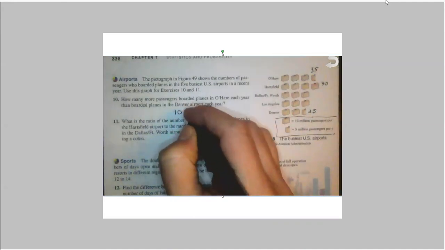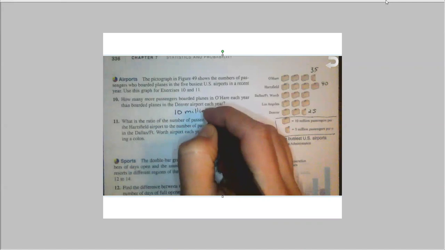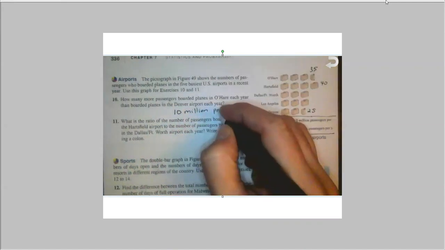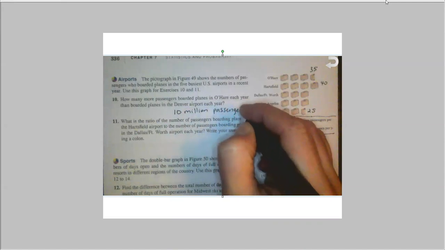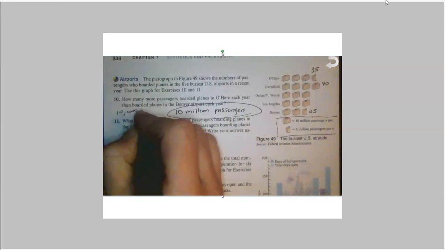If I subtract those to find the difference, 35 minus 25, that would be 10 million passengers. And you can use the word, or you can use the appropriate amount of zeros.